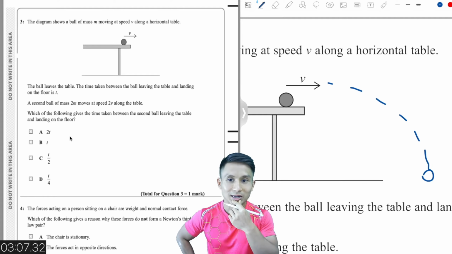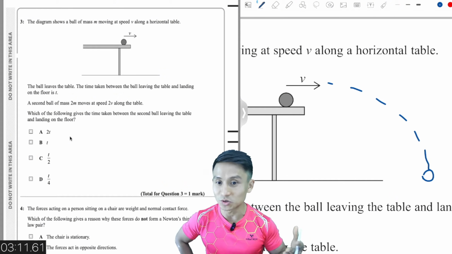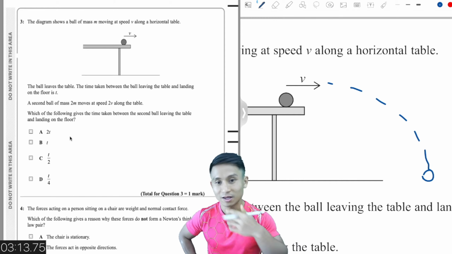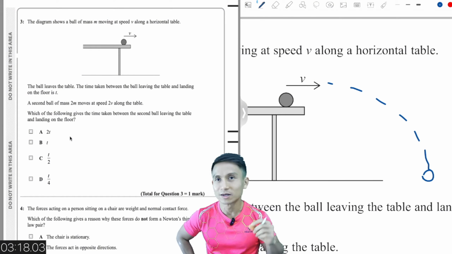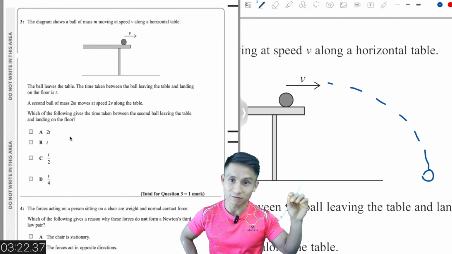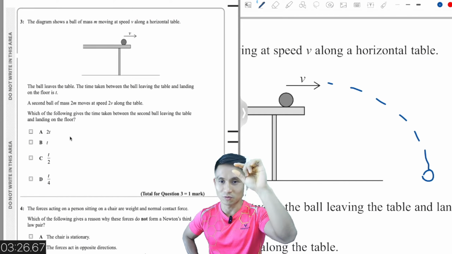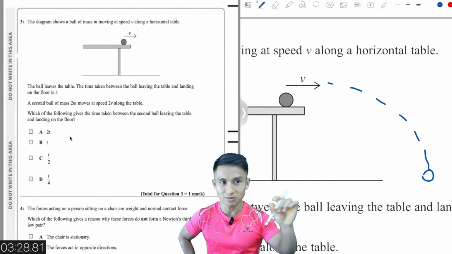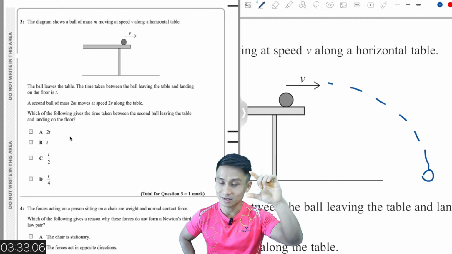Well, because we are assuming that there is no air resistance, right? Or if there is, then it should be the same way here. So when you consider the trajectory of a projectile, the time taken for the object to go from one point to another would depend on the height, right?